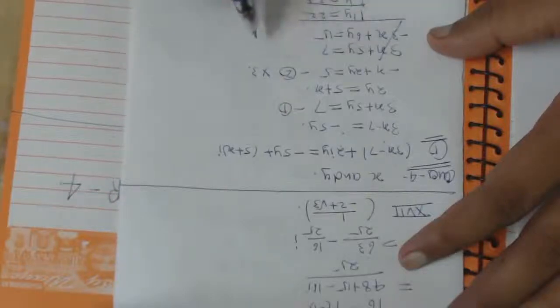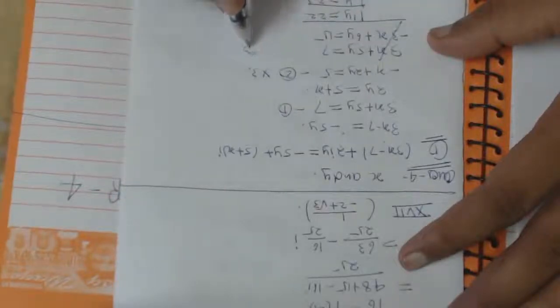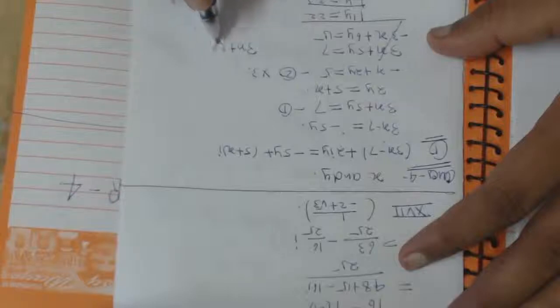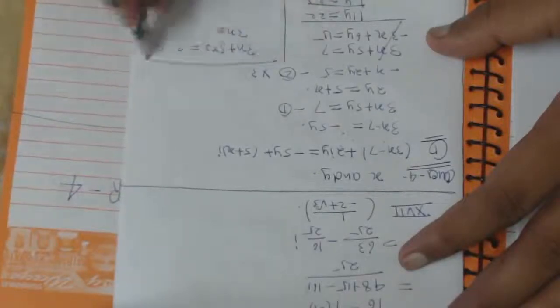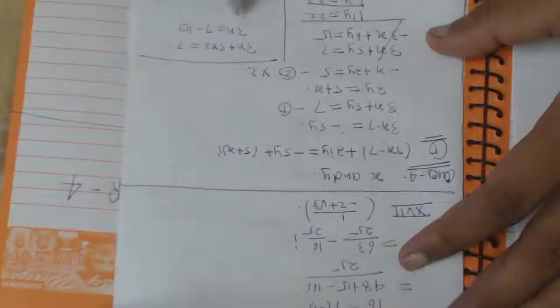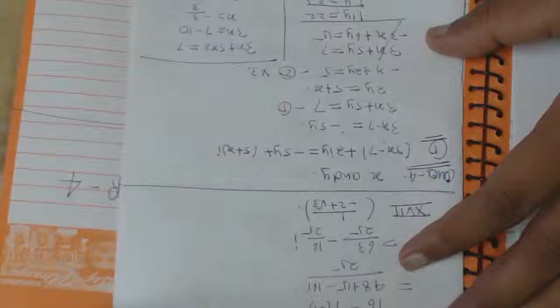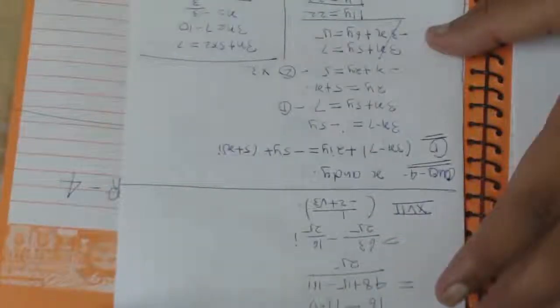Put y over here. 3x plus 5 into 2 is equal to 7. 3x is equal to 7 minus 10. x is equal to minus 3 over 3. x is minus 1.